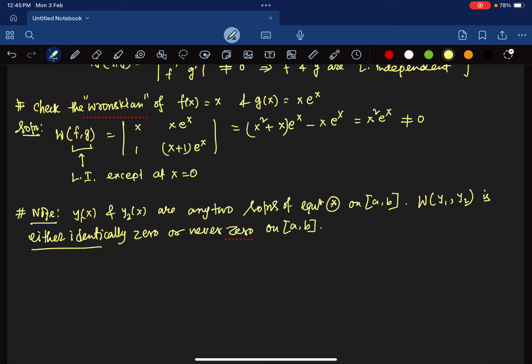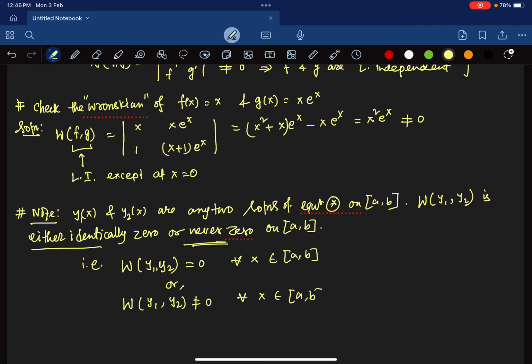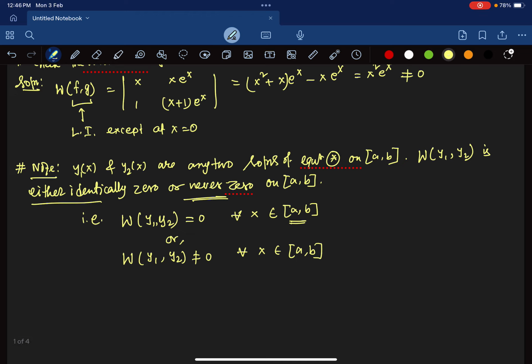That means W(y1, y2) equals 0 for all x belonging to AB, or W(y1, y2) is not equal to 0 for all x belonging to AB. That means in this interval, if you find the Wronskian is 0 at any point, then throughout this entire domain it will be 0. If non-zero, then throughout this entire domain it is non-zero.